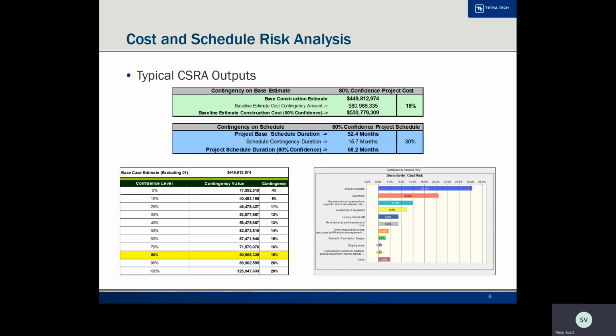This chart shows us what risks are contributing the most to the contingencies. So it basically ranks the risks in the model from highest to lowest in terms of how much they drive the contingency values. And this can be beneficial in that it can provide insight into where mitigation strategies should be focused.